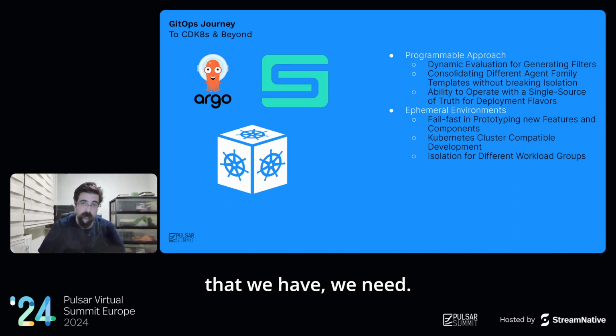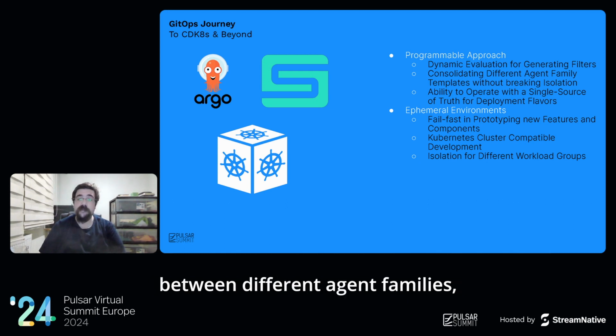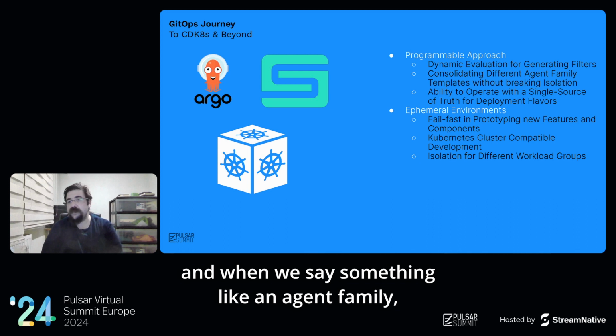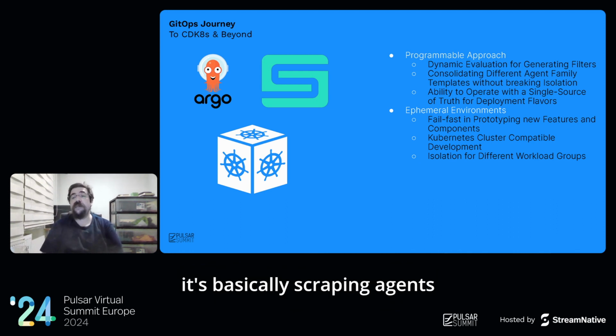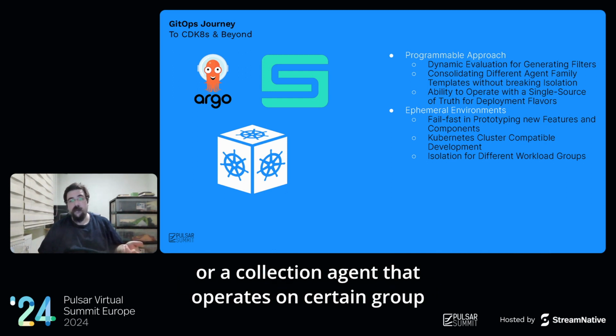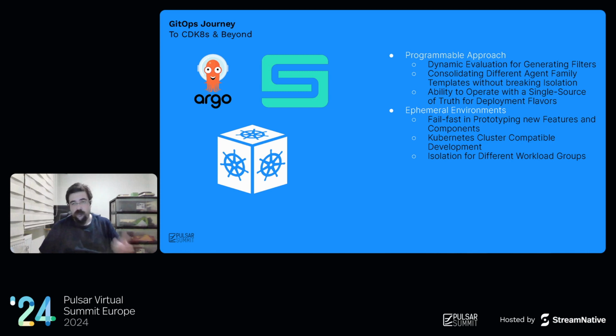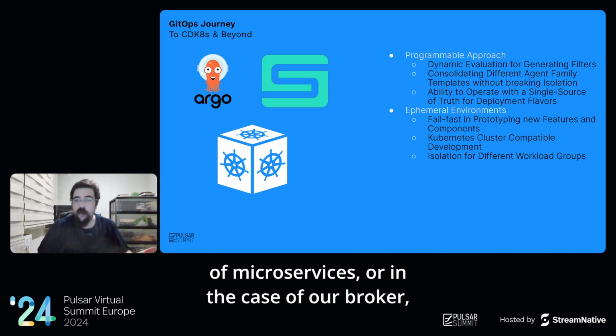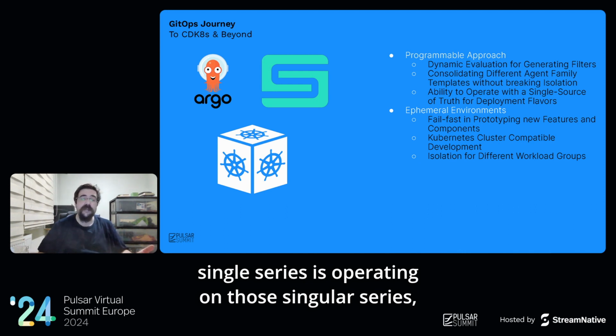We need it so we can do synchronization between different agent families. When we say something like an agent family, it's basically a scraping agent or a log collection agent that operates on a certain group of microservices, or in the case of our Pulsar broker single series, it's operating on those singular series.